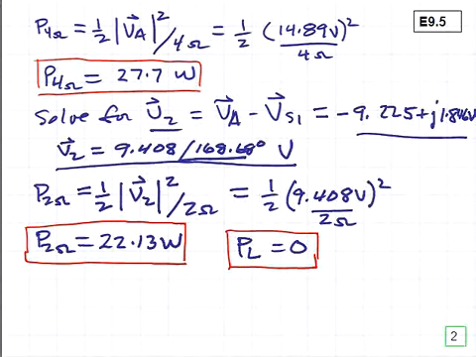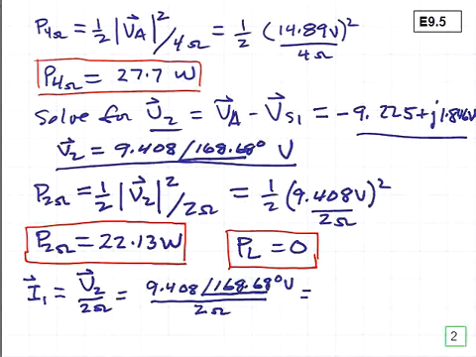Now to determine the power absorbed or supplied by the VS1 source, we'll need the current I1, and I1 will equal the voltage V2 across the 2 ohm resistor divided by that 2 ohms, which we'll calculate for the current I1 as 4.705 at an angle of 168.68 degrees amperes.